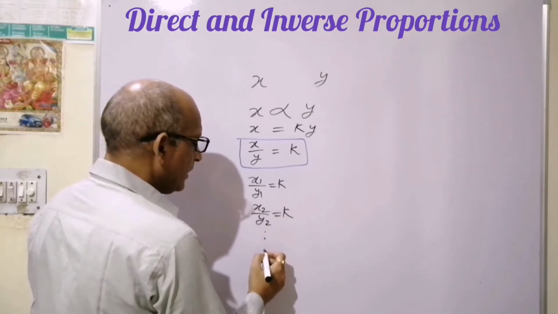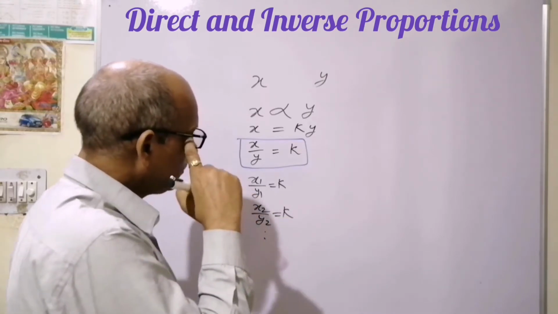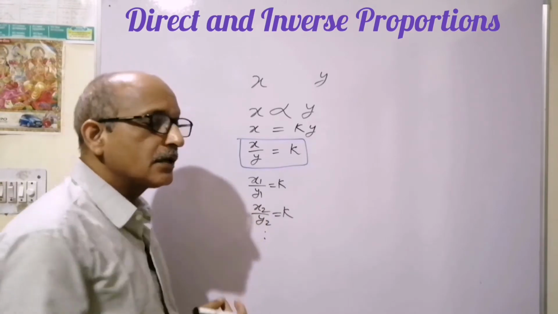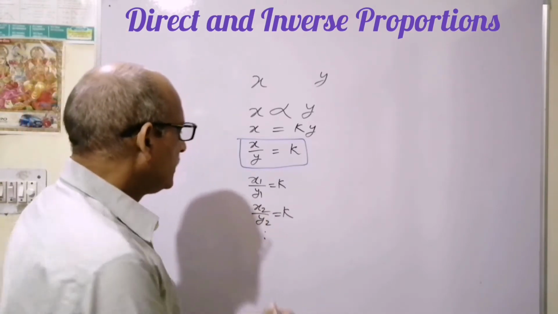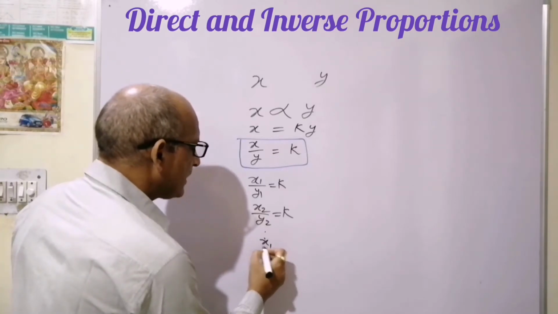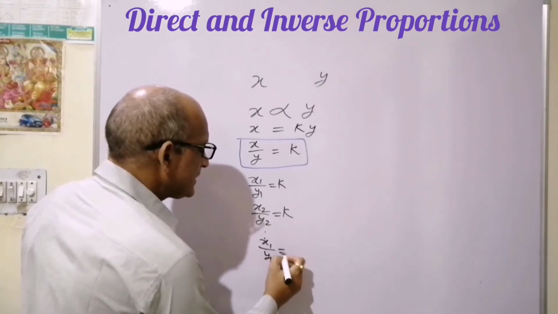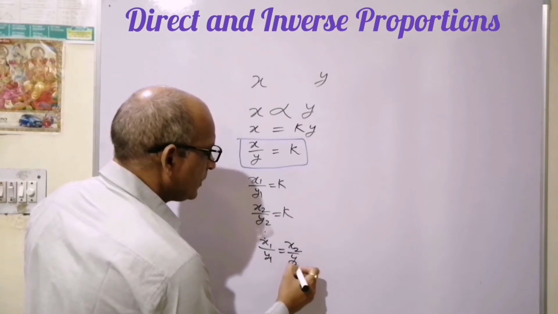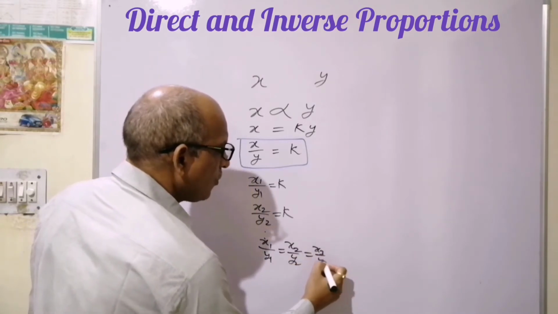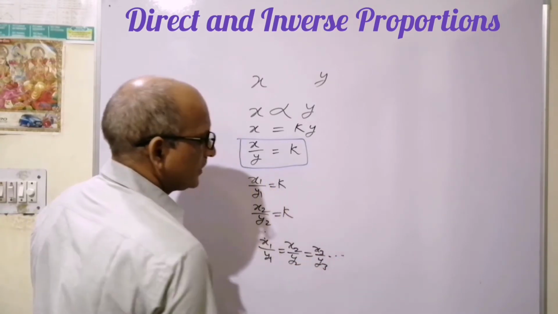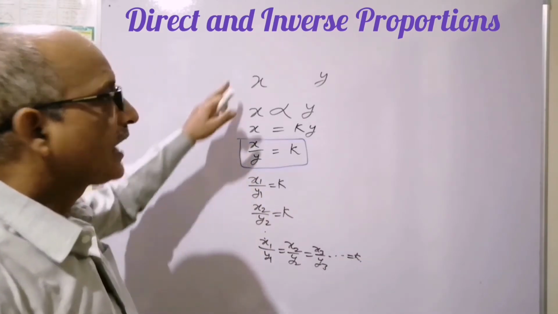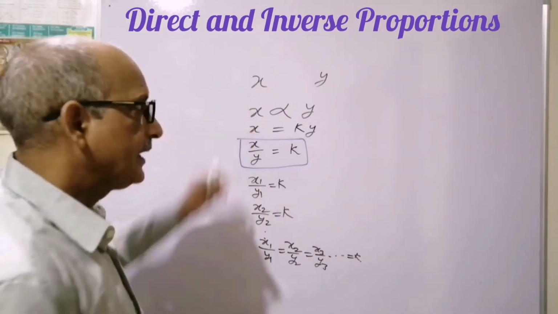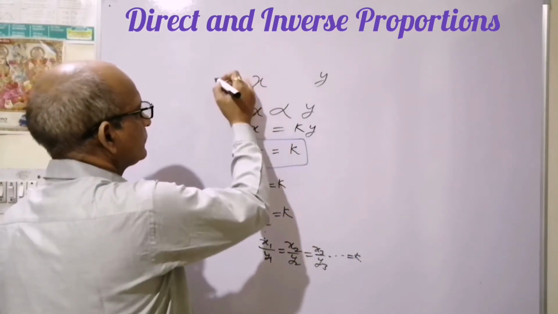In the same way, however many values of x we take, consequently we will get the value of y also. So we can write here x1/y1 = x2/y2 = x3/y3 and so on. That is always constant. It is for direct variation.